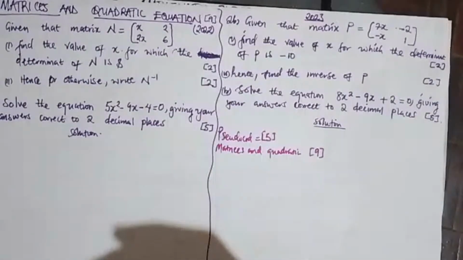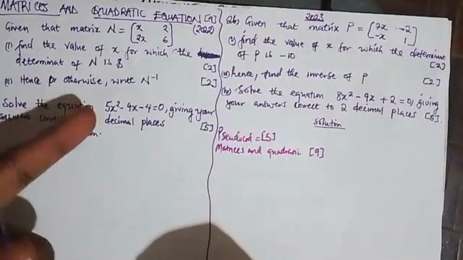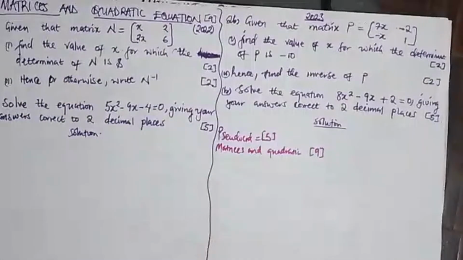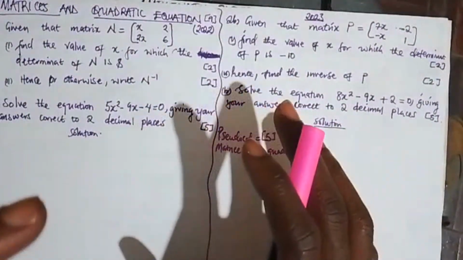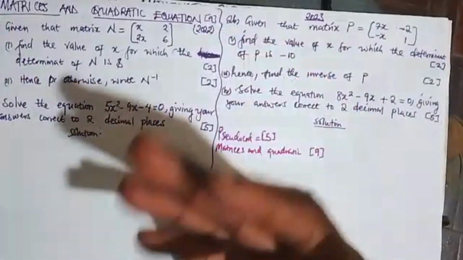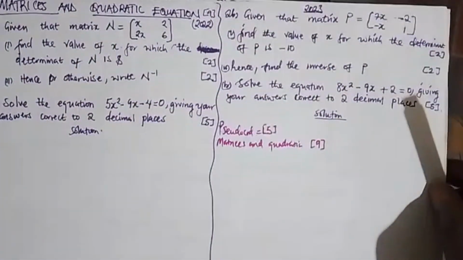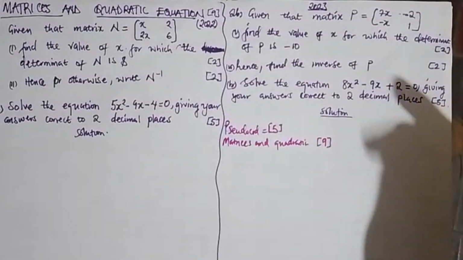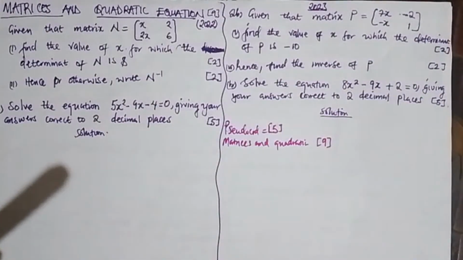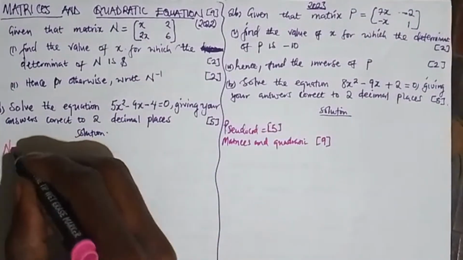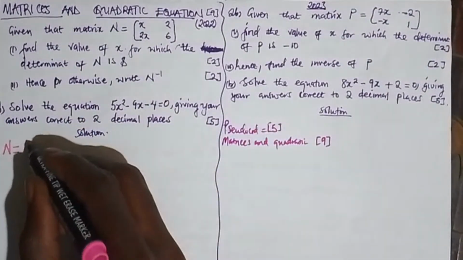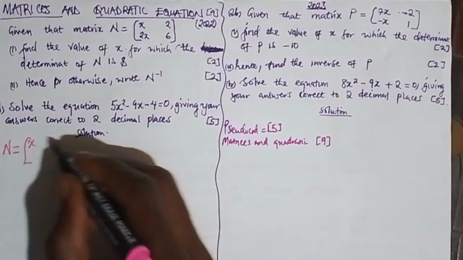They want us to calculate the value of x when we have the determinant of 8. So how can we calculate x if we have the determinant, which is 8?